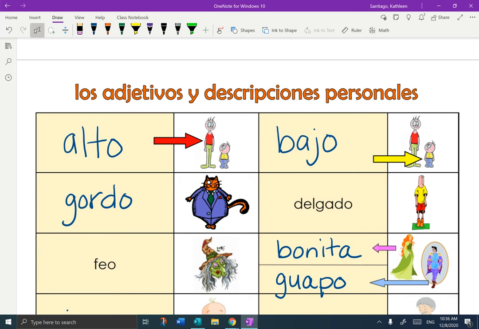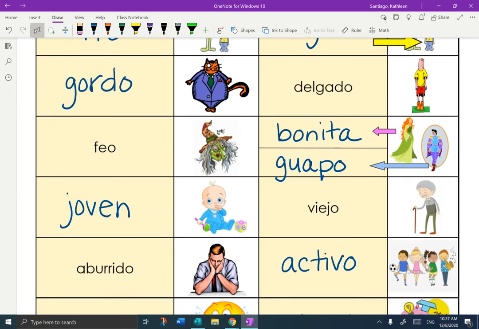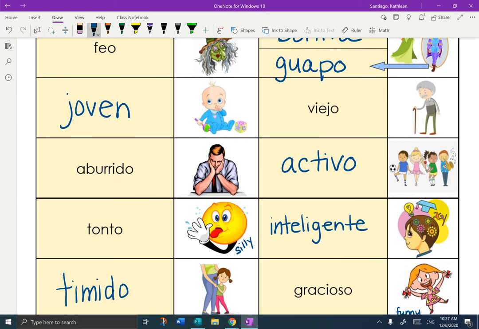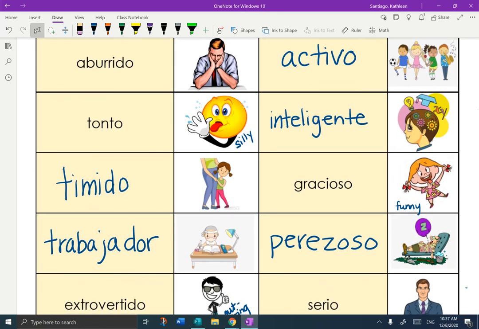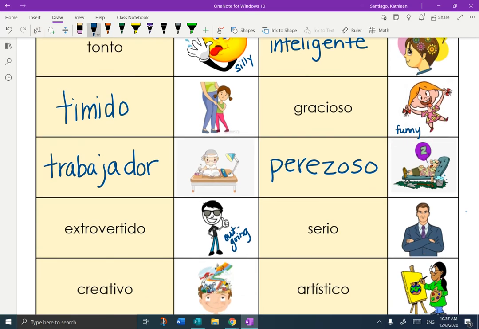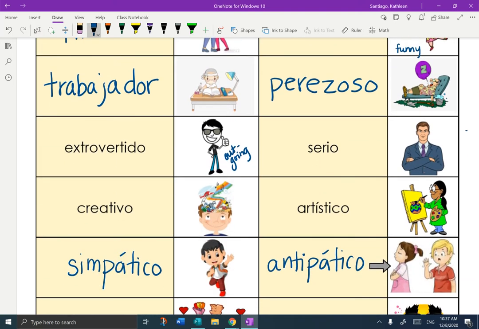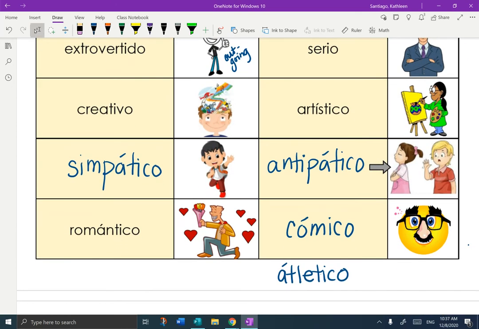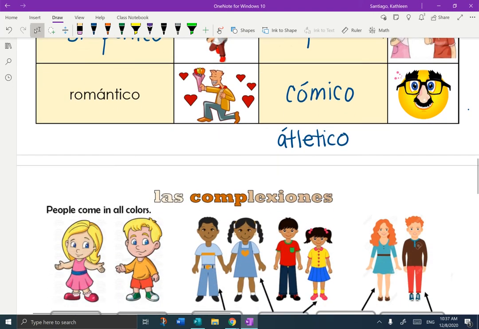Alto, bajo, gordo, delgado, feo, bonita, guapo, joven, viejo, aburrido, activo, tonto, inteligente, tímido, gracioso, trabajador, perezoso, extrovertido, serio, creativo, artístico, simpático, antipático, romántico, cómico, atlético. Okay, good job, buen hecho.